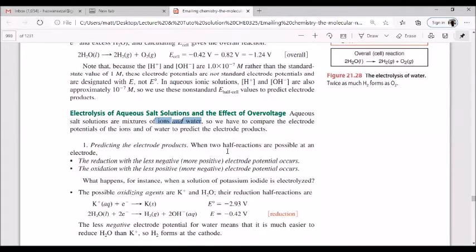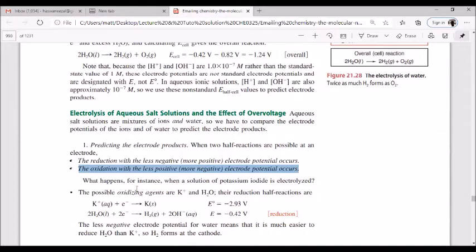When two half reactions are possible at an electrode, which one occurs? The electrode has to choose. At the cathode, the reduction with the less negative or more positive electrode potential occurs, whereas at the anode, the oxidation with the less positive or more negative electrode potential occurs.